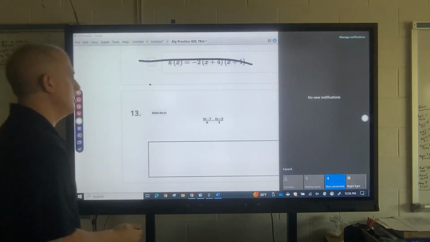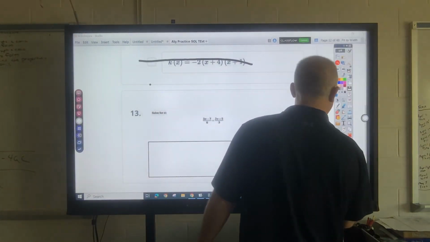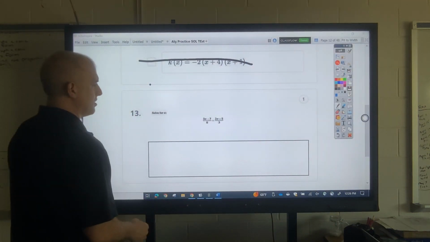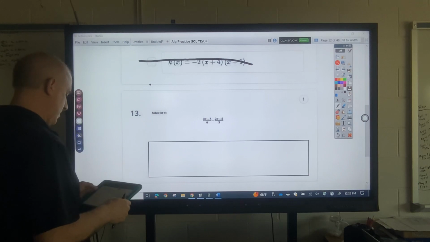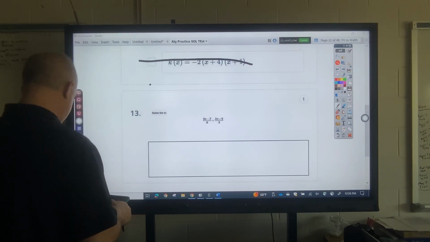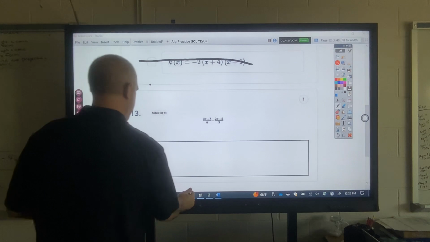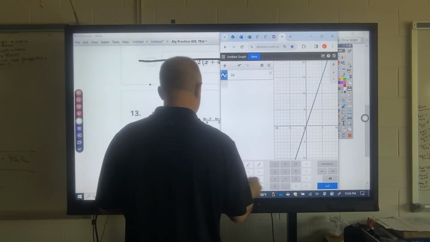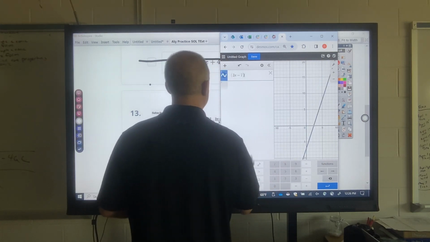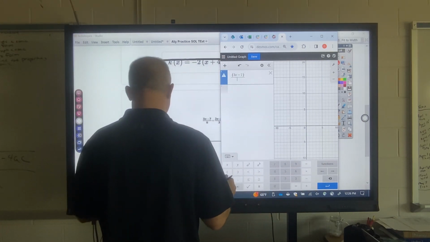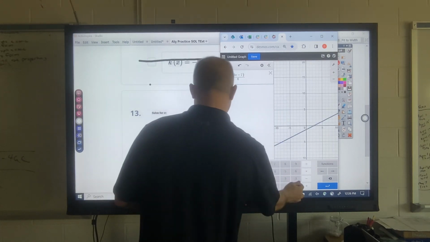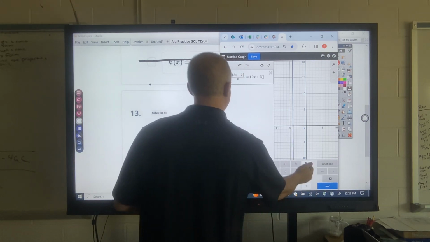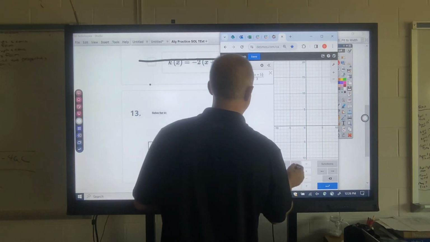For question 13, what I want to do, instead of using n, I want to use x, divided by 6 equals parentheses 2x plus 5 divided by 3.